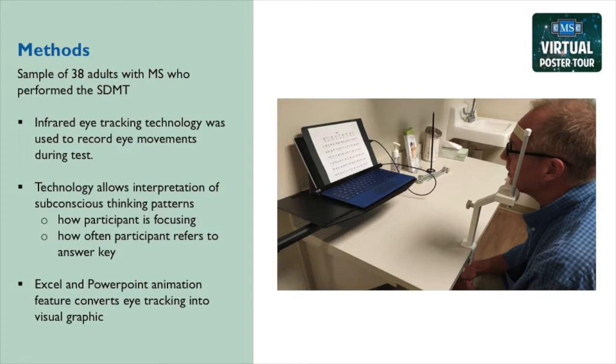It allows us to have visual data of when the participant is looking up, looking back at the key, or when they're getting lost. This allows us to look into that as well and figure that out and maybe apply working memory with it in the future to really reflect that the eye movement is actually tapping into their subconscious.